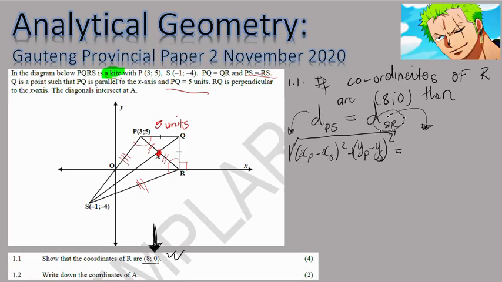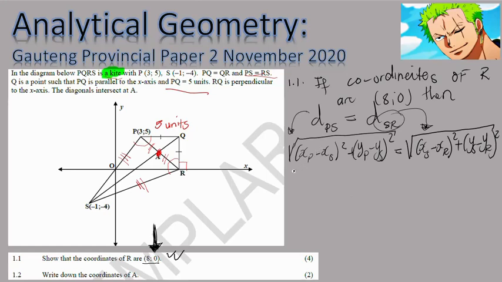And then the distance of SR, that will be x at S minus x at R squared plus y at S minus y at R squared. That way, right?